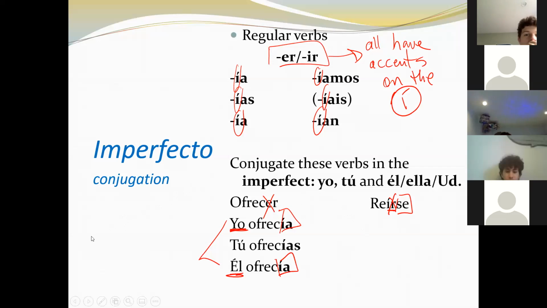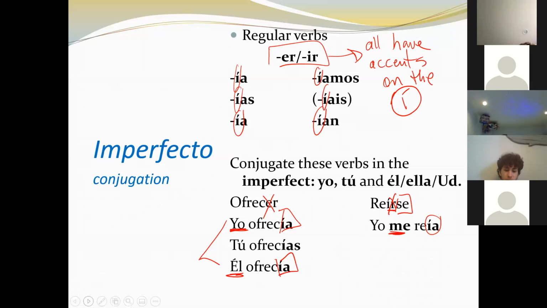Bora, give me the yo form for reírse, imperfect. Don't forget your pronoun. Yo me reía. Yes, yo me reía. Good job. Accent over the I, always on the imperfect.